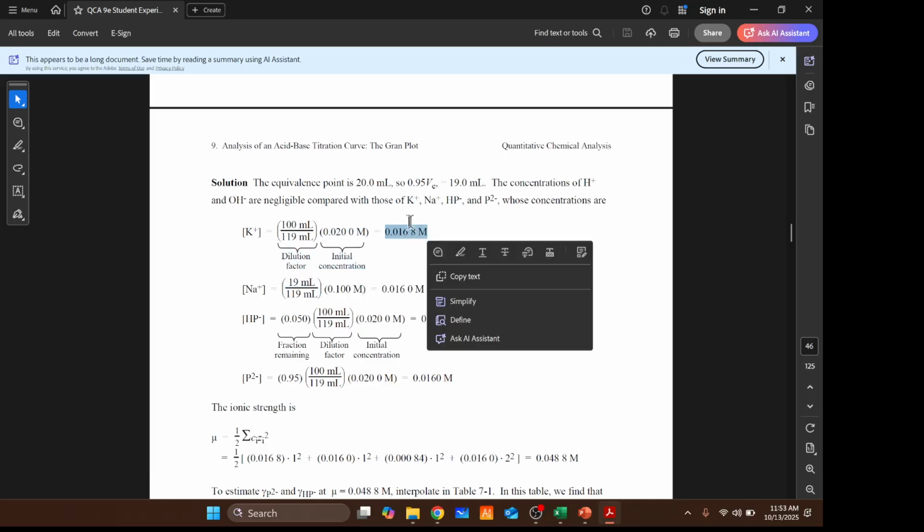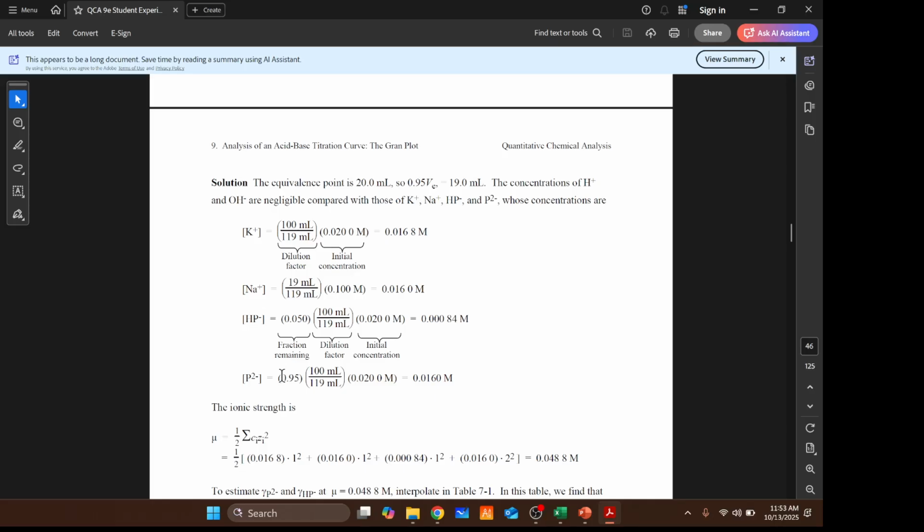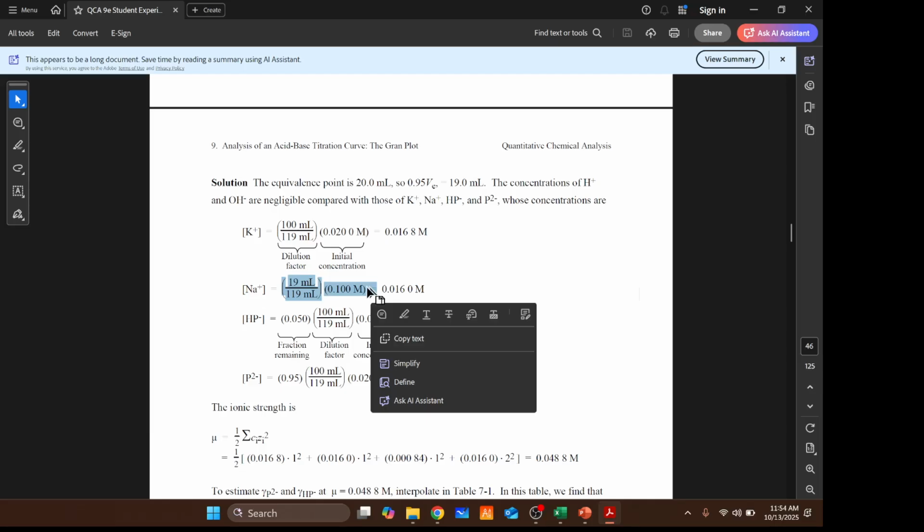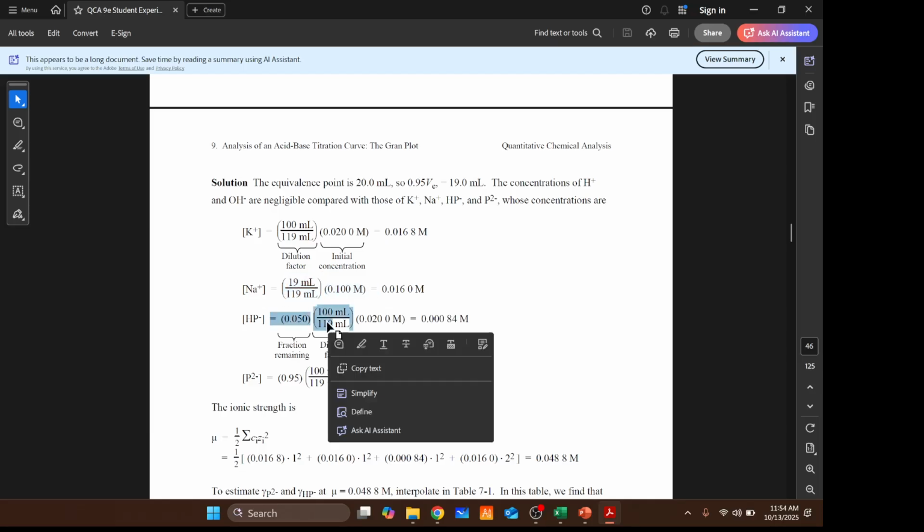That concentration right there is the concentration of K plus. Okay, everybody have that so far? All right. So the second part we have to do here is figure out the sodium, and then we need to figure out our acid and base forms.